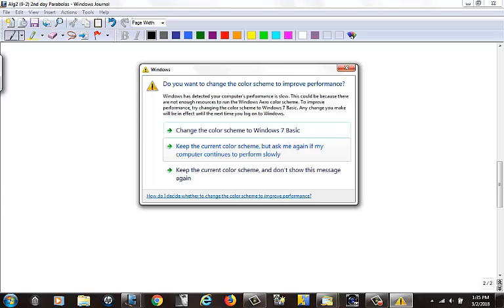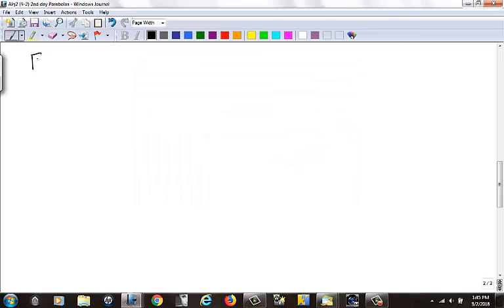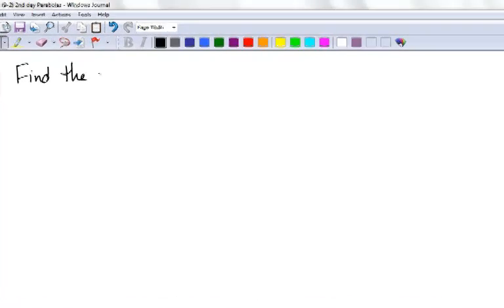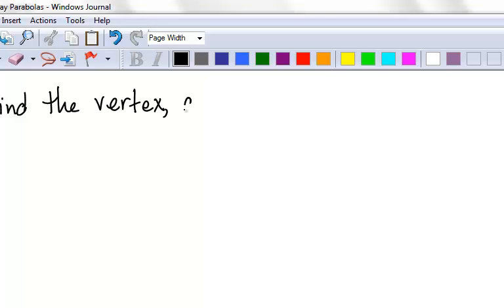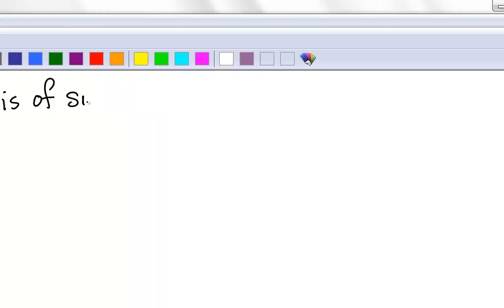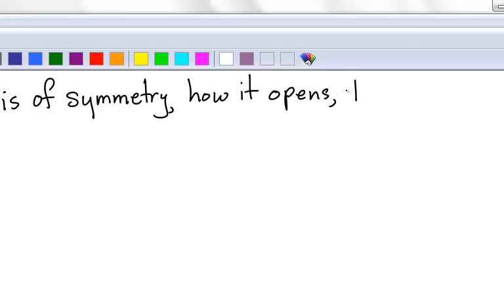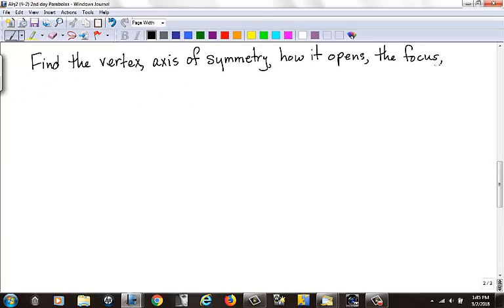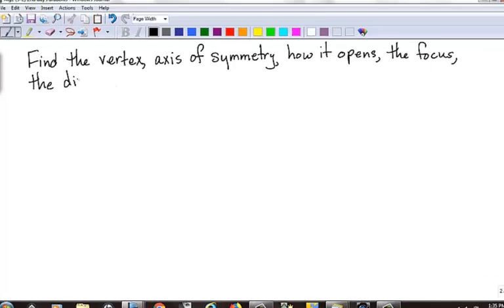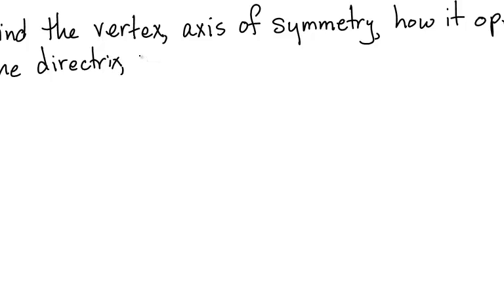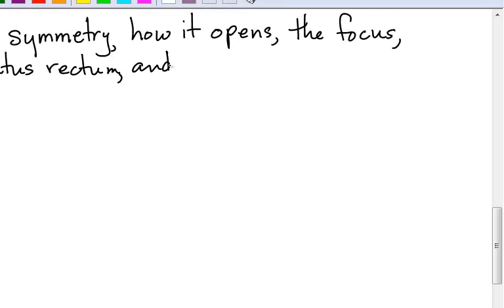On the directions, find the vertex, axis of symmetry, how it opens, the focus, the directrix, length of the latus rectum, and then graph the parabola.